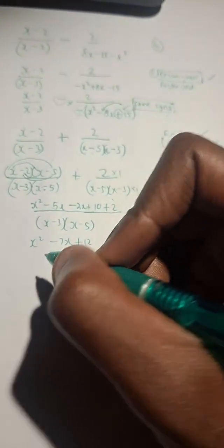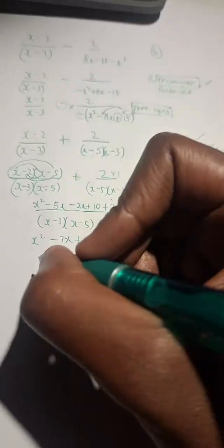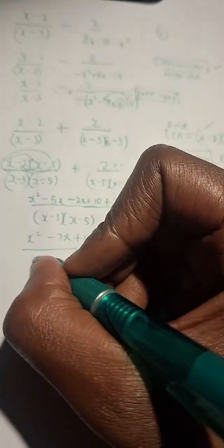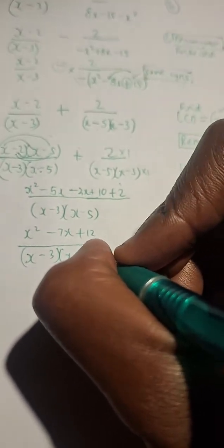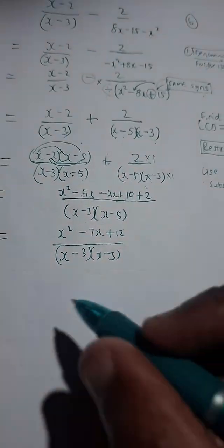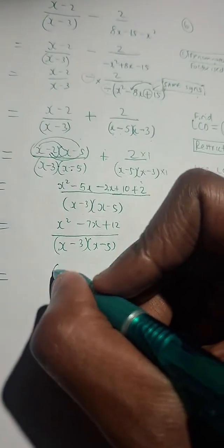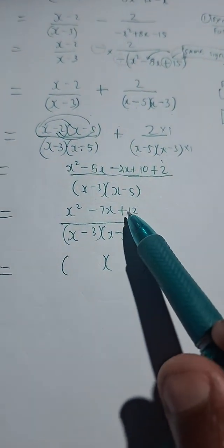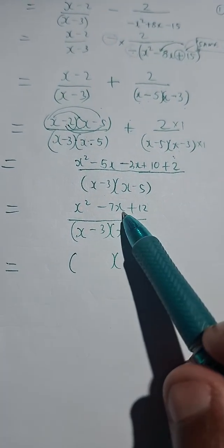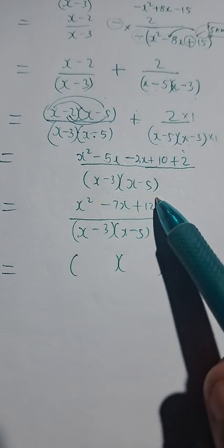Now, it seems like I can still factorize further. Let's look at the numerator. I'm looking at this and thinking, we have x squared minus 7x plus 12.